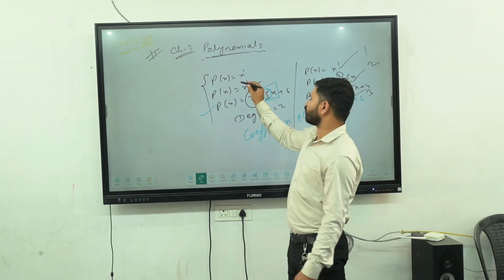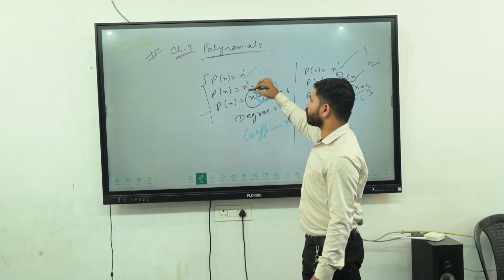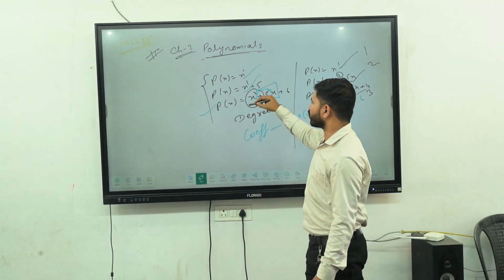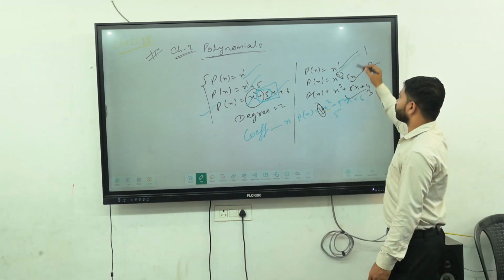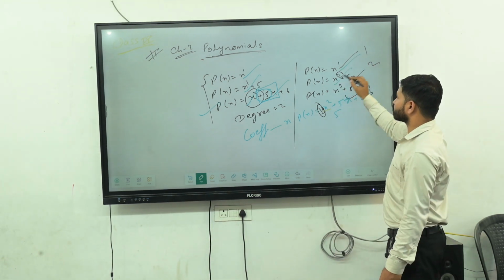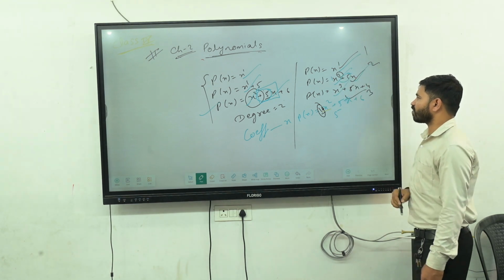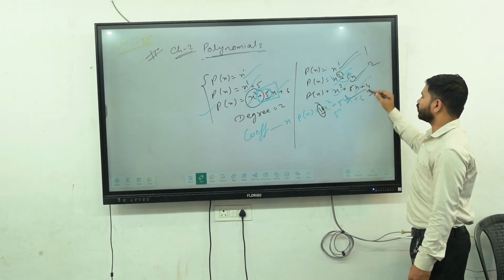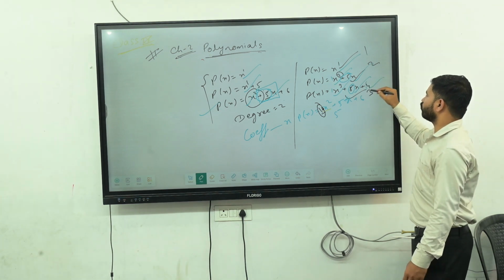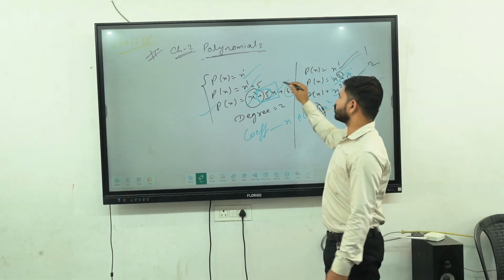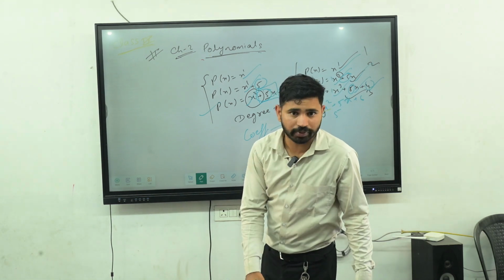Like this, coefficient of x square is 1, coefficient of x is 1, coefficient of x cube is 1, and whatever 5 or 8, and this 4, 6 and 5, these are called constant terms. Clear?